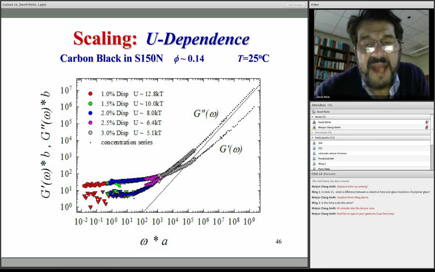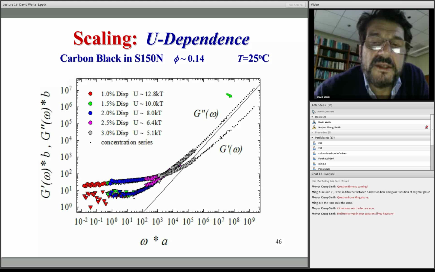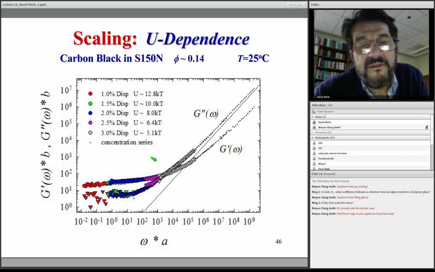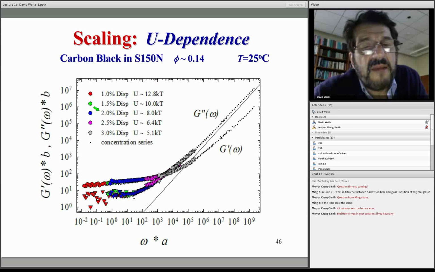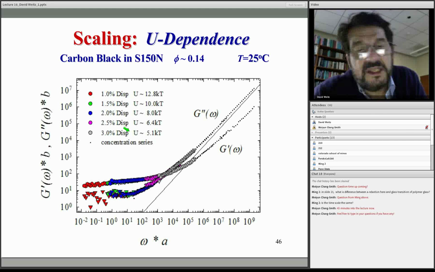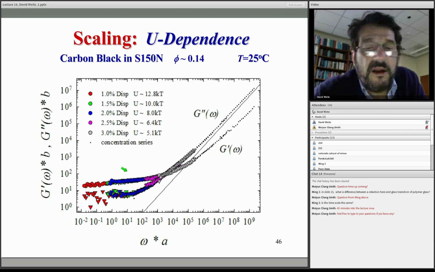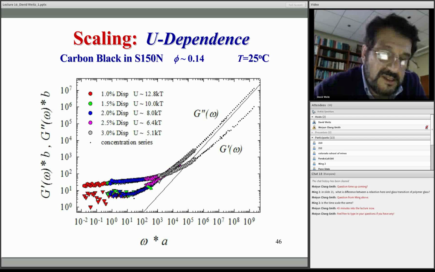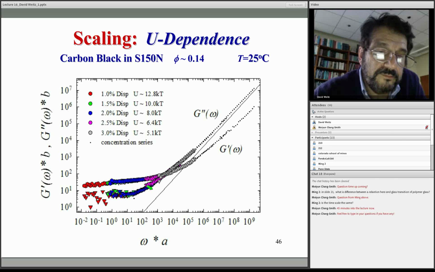So what I'm doing now is these light points shown here are the data from before, and I'm just taking the new data where what I've varied, I fixed the volume fraction at 15%, and I'm varying just the concentration of the dispersant, and I still get all the data to scale together like this.